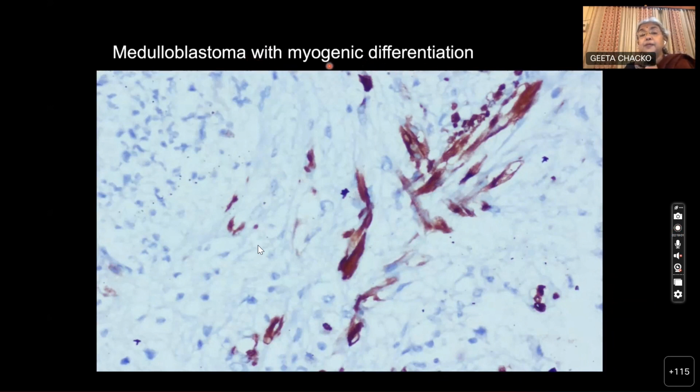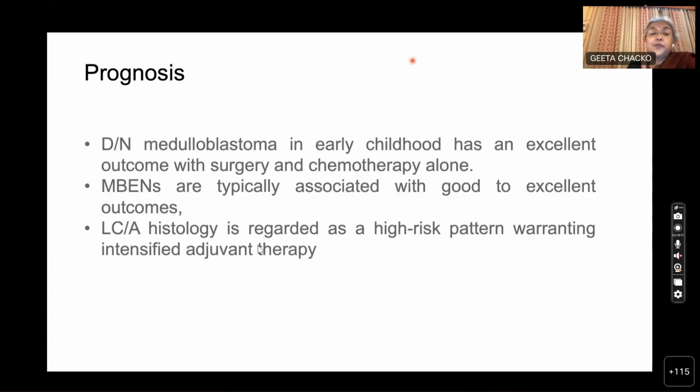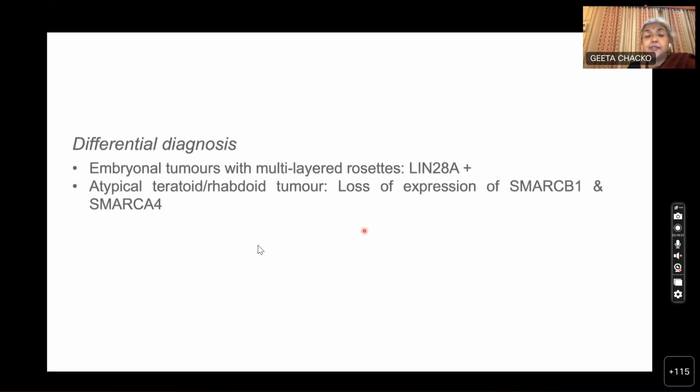Sometimes you see black pigment, which is melanin, and those are called medulloblastomas with melanotic differentiation, but of no real significance, they're not subtypes at all. They're just some differentiation within the tumor. In terms of prognosis, the desmoplastic nodular is the one which has excellent prognosis, and the MBEN, whereas the large cell anaplastic is high risk.